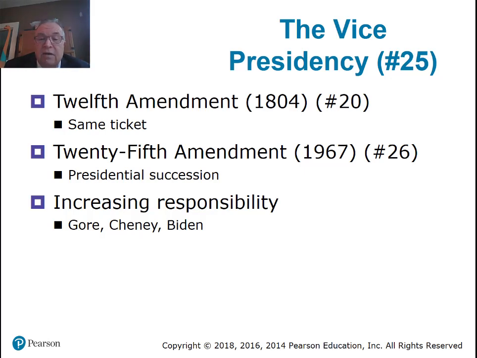Some amendments were attached to it, in 1804, which is study guide question number 20. What amendment stopped the practice of the second vote getter in the Electoral College becoming vice president? And that had to do with the election of 1800 and Aaron Burr actually trying to beat Thomas Jefferson, even though he was running as his vice presidential candidate.